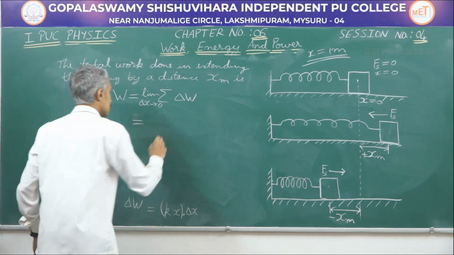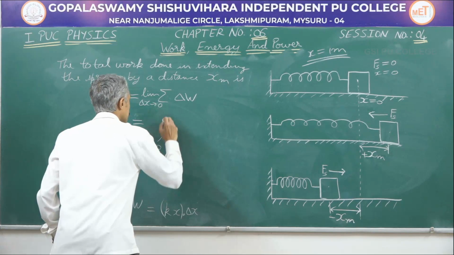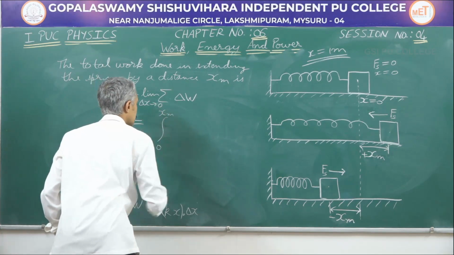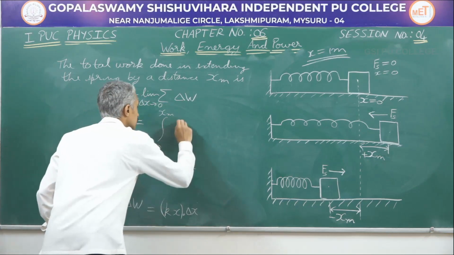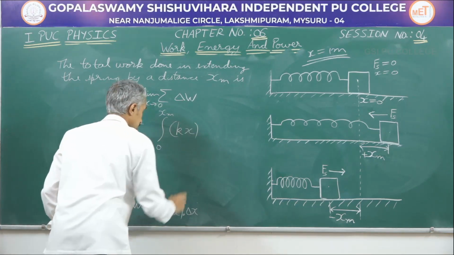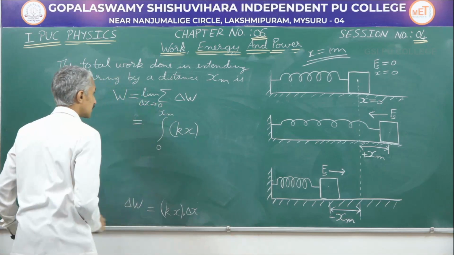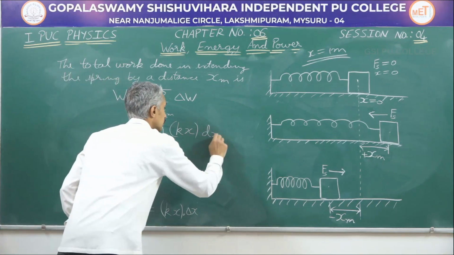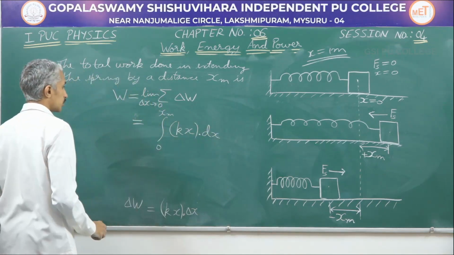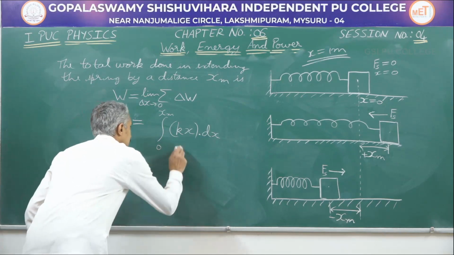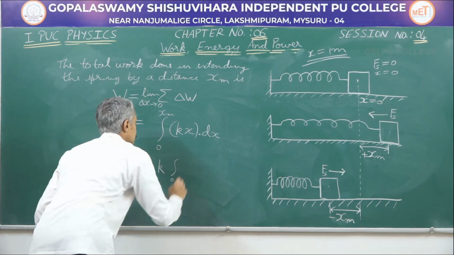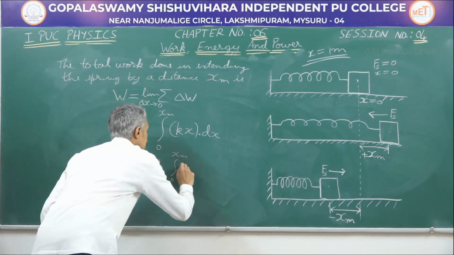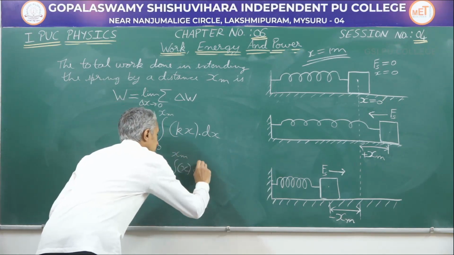So now this becomes the integration from 0 to xm of the work done, which is k into x, and delta x, as the limit delta x tends to 0, now becomes dx. Therefore, k is a constant, take it out, integration of 0 to xm of x dx.